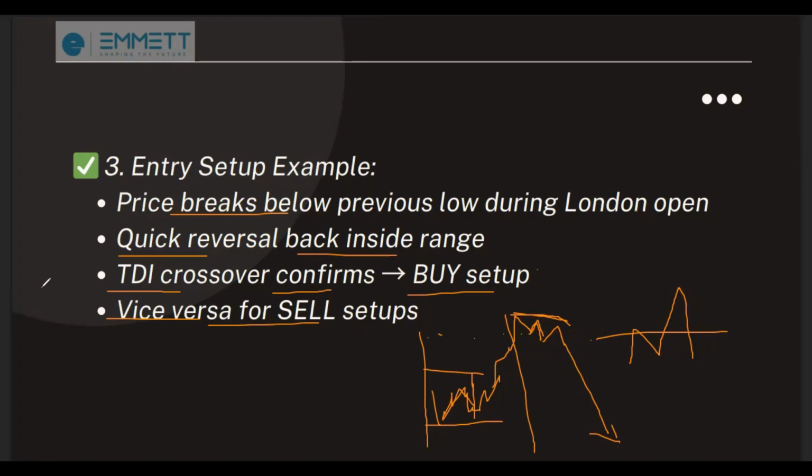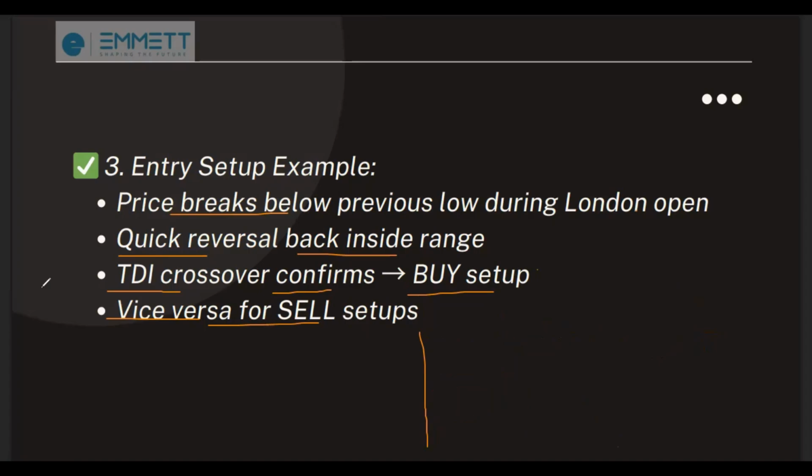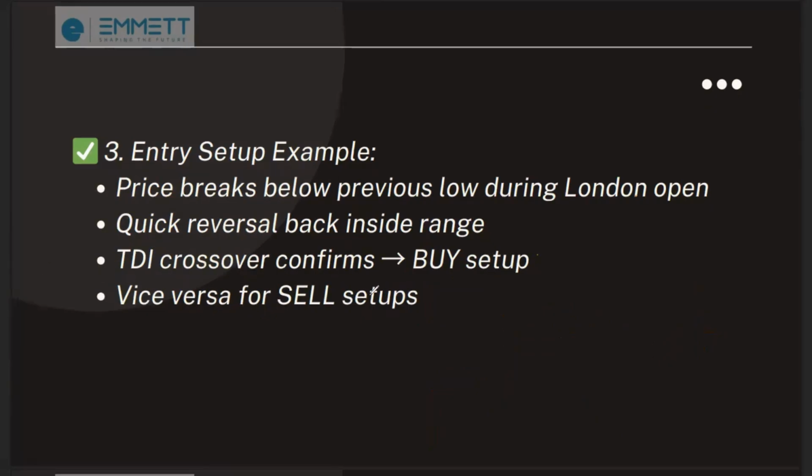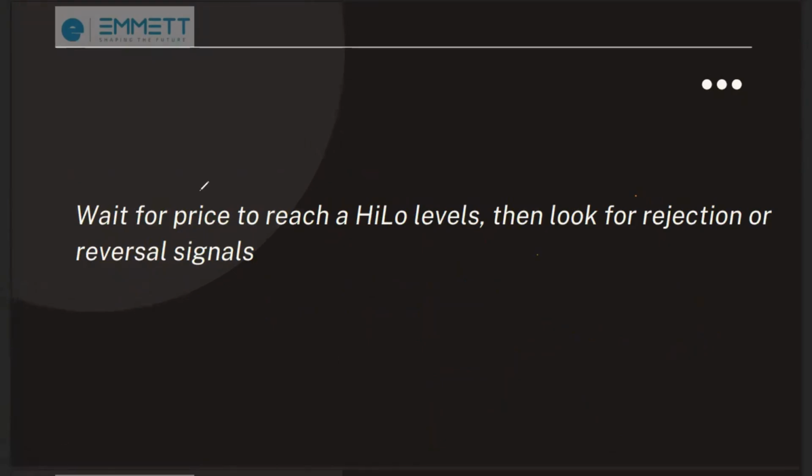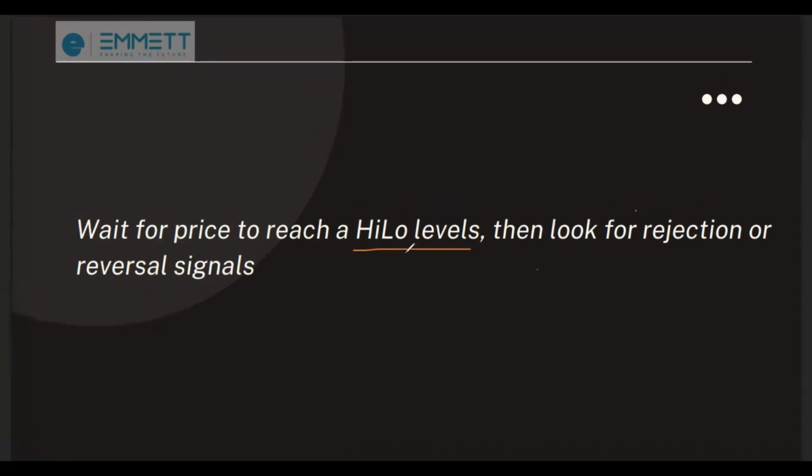But what about the session itself? Let's assume, I actually think we are going to look at the live charts so that we're able to clearly understand how the market behaves. So in other words, if you haven't been able to understand anything since we started, all we are saying is wait for the price to reach the high or low of previous levels or previous days or previous sessions.